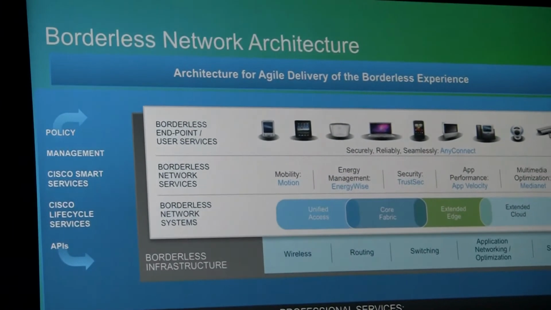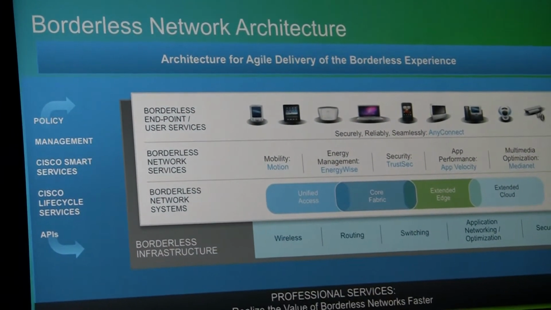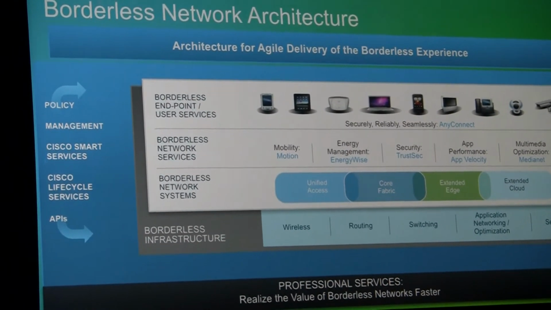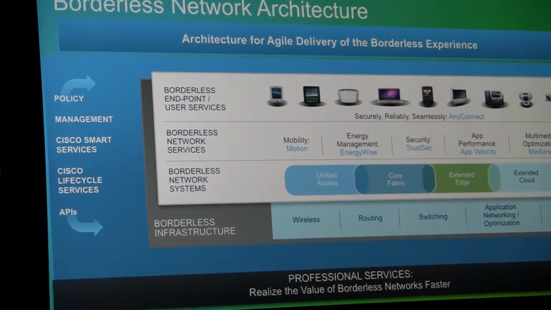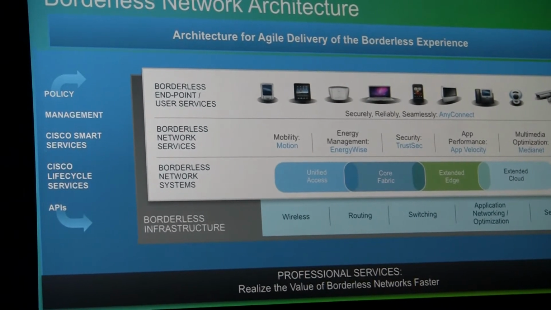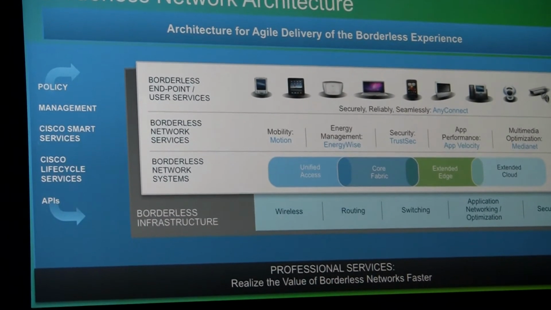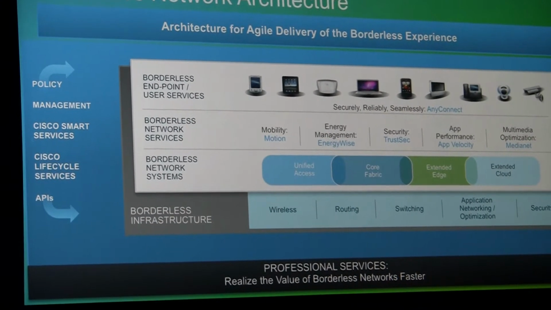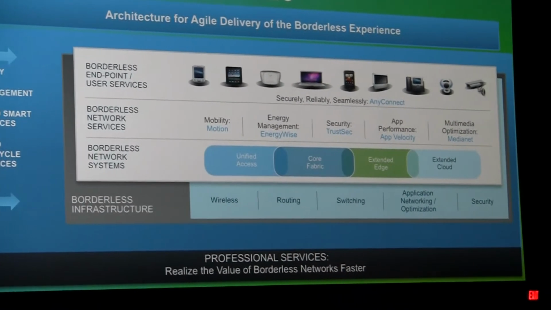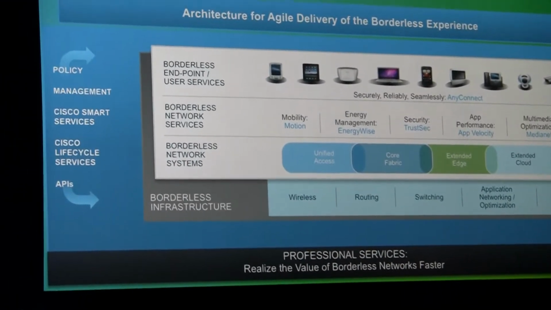Now let me go into a little bit more detail on what we mean by borderless network architecture and where we see our differentiation. There are essentially 5 pillars where we feel there is much more value in the future that we can get from the borderless network architecture. And that is in enabling mobility, security, energy management, and application performance, as applications get created in a new way that Michael talked about using new frameworks.